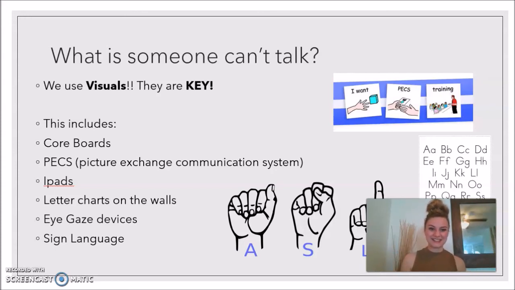It's pretty neat. So keep an eye out for these things because some of your patients might have them. And I encourage you to learn a little bit of sign language because it's really awesome. I even put a link at the end of my PowerPoint for that.